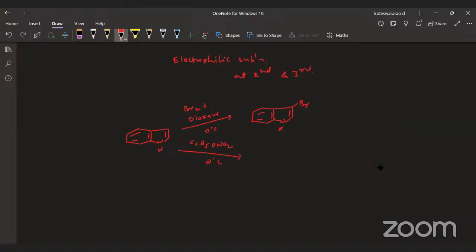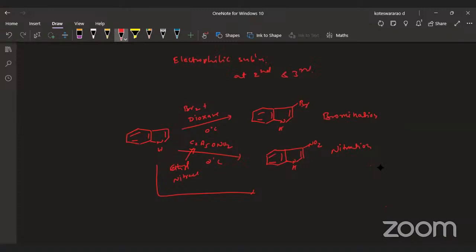Then it leads to nitration at the third position, and 3-nitroindole will be generated. This is the nitration reaction, and the previous one is the bromination reaction.